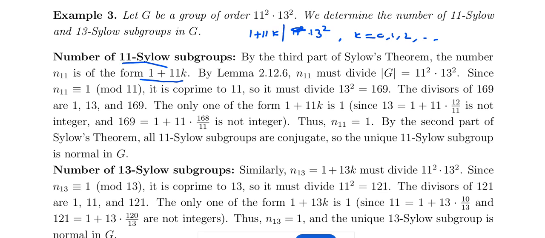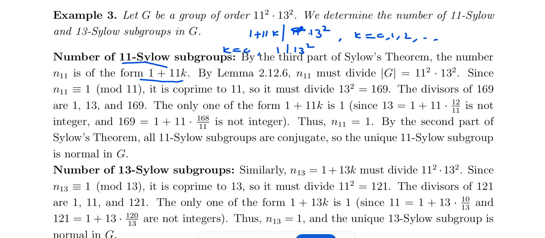When you take k equal to 0, then 1 plus 11 into 0 is 1, so 1 divides 13 square, this is true.